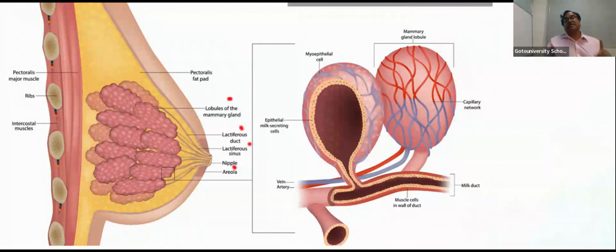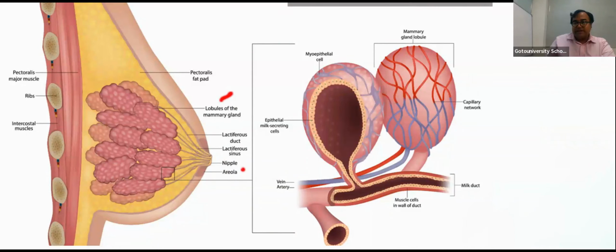The areolar cell is not making the milk; areolar cells are making the fat. So be very careful: the areolar cell is in no way connected with milk production. Who is connected with milk production? The mammary gland has alveoli cells, whereas the areolar cell is a fatty tissue, right?